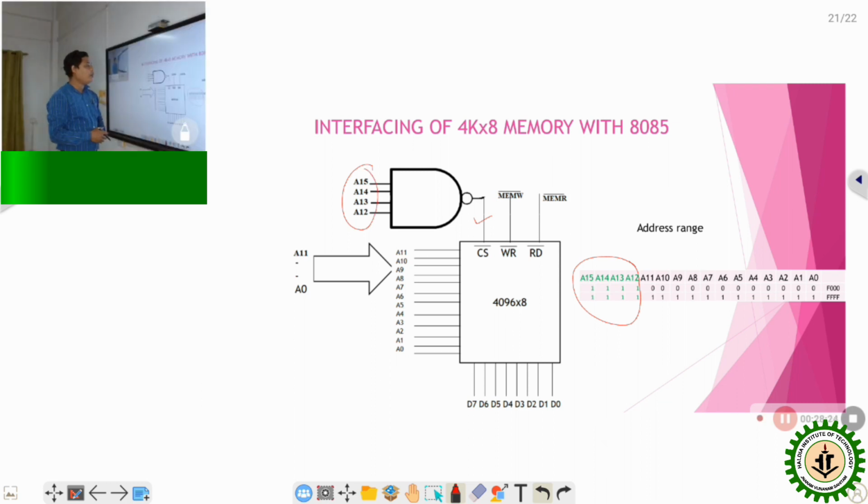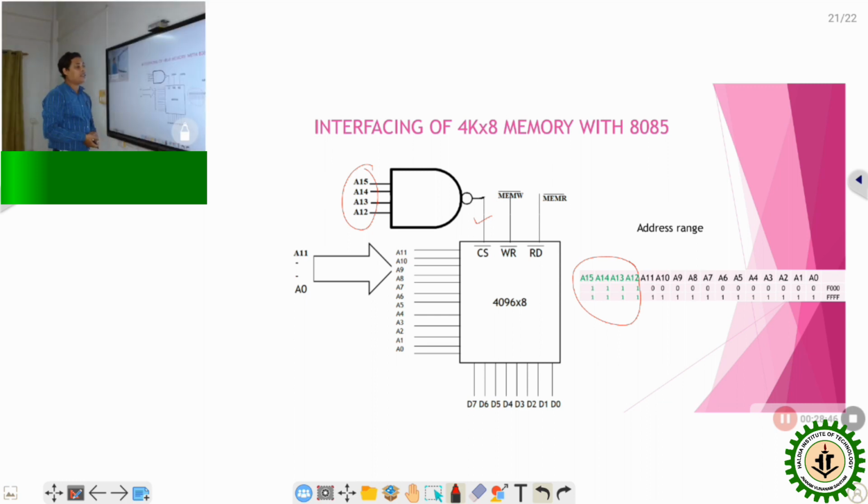Here A12 to A15 are directly connected with the NAND gate. No NOT gate is used before. So the chip will only be selected if A12 to A15 are all at logic 1. Then only the NAND gate output will be equal to 0 and the chip will be selected.